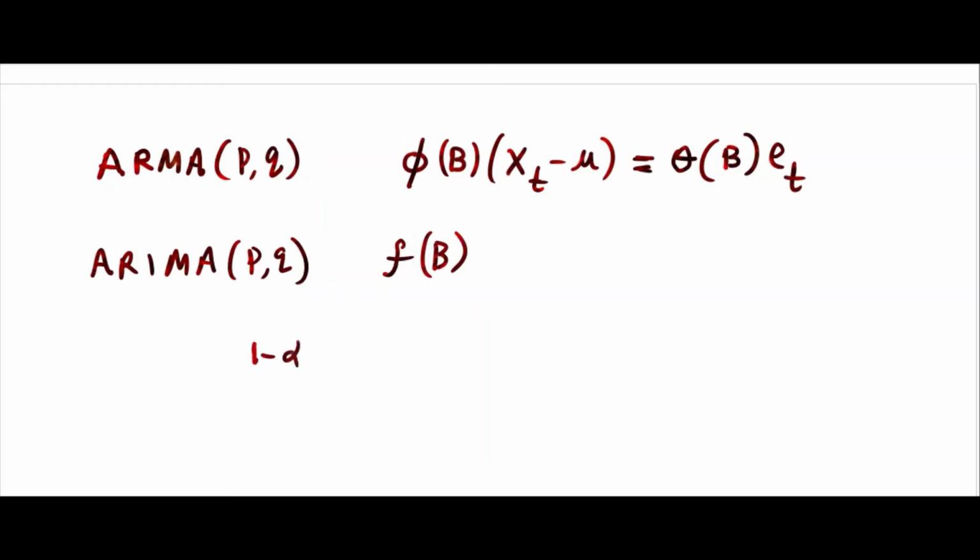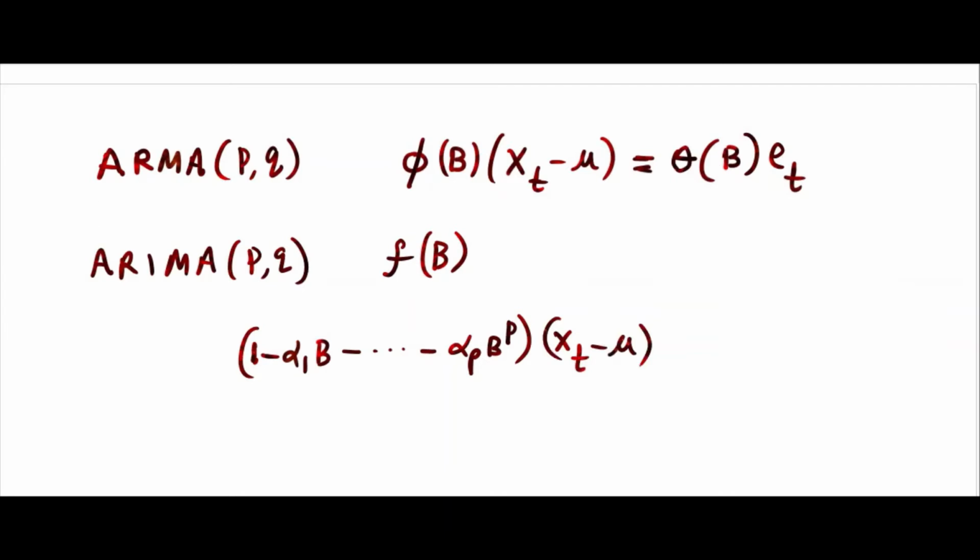1 minus alpha 1 b. Normally we get this way. You continue, then you write alpha 1, alpha 2 up to alpha p, right? And this is our polynomial here, and xt minus mu I will write here the same thing, okay, xt minus mu.